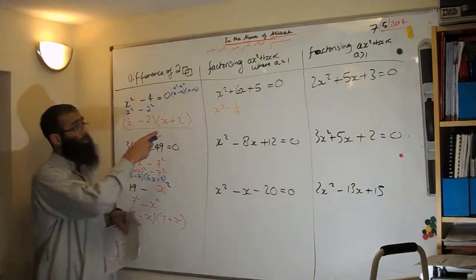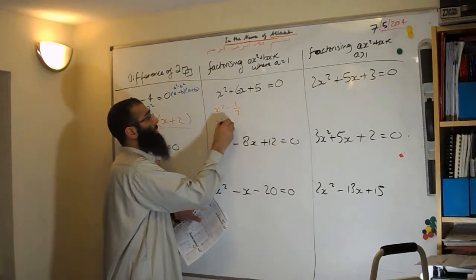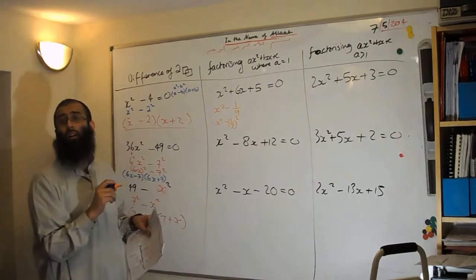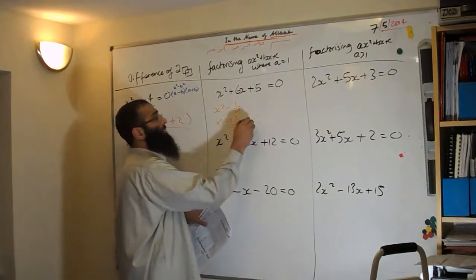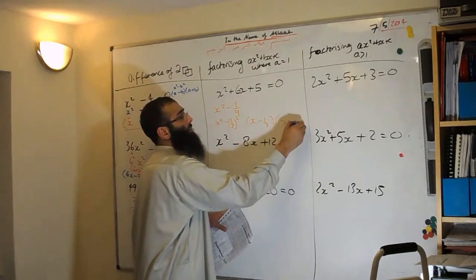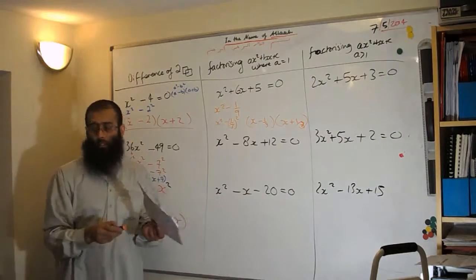Actually, it is a square number in that one as well, because x squared minus 1/9 is really x squared minus 1/3 squared, even in fractions. So that will be written as x minus 1/3 and x plus 1/3. That's just an extension question. We're looking at fractions instead.